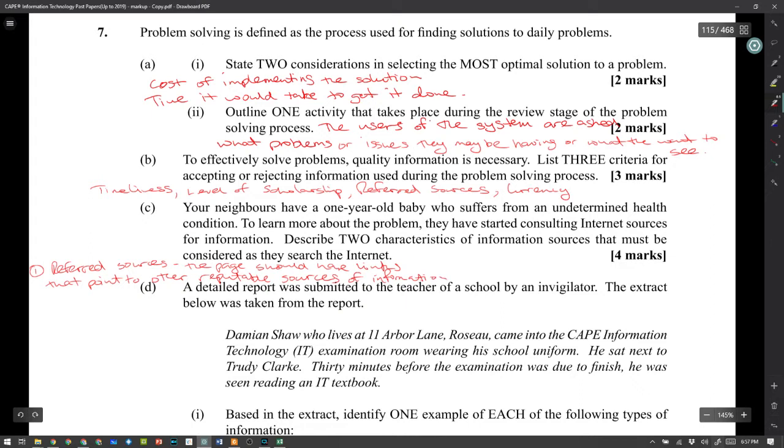That's 1. 2 would be the authorship. The author should be stated, and any other works or qualifications should be included.